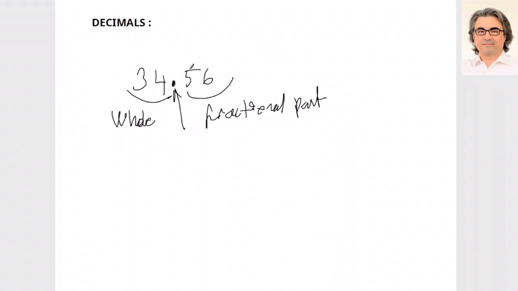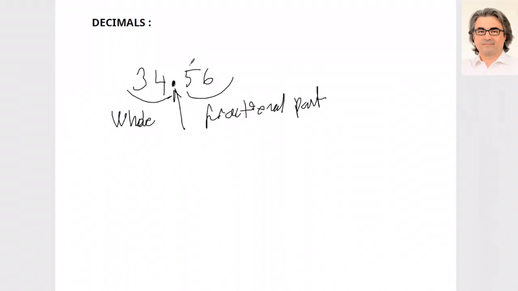What is the meaning of 5? Again, it represents the number of a power of 10. It represents the number of tenths. It means 1/10.